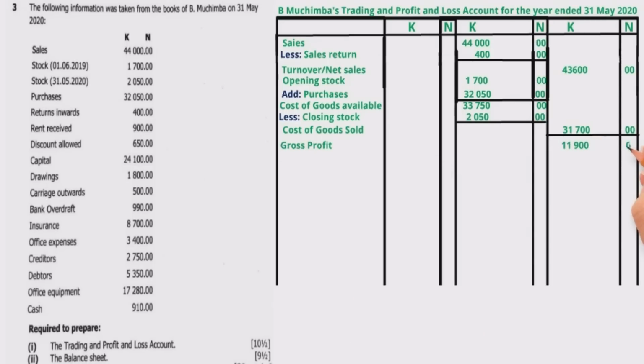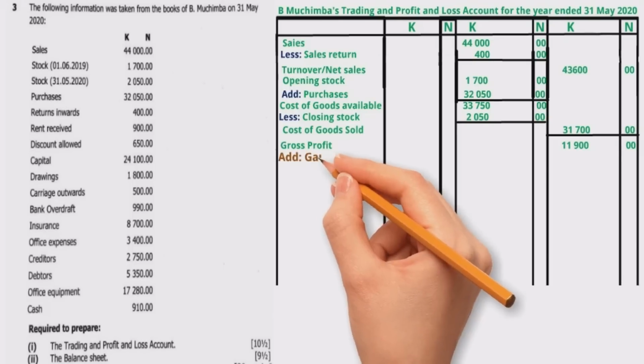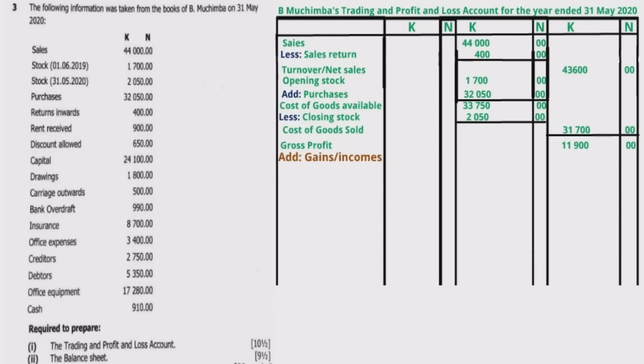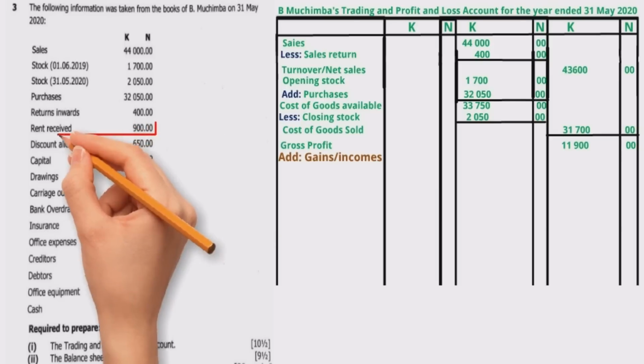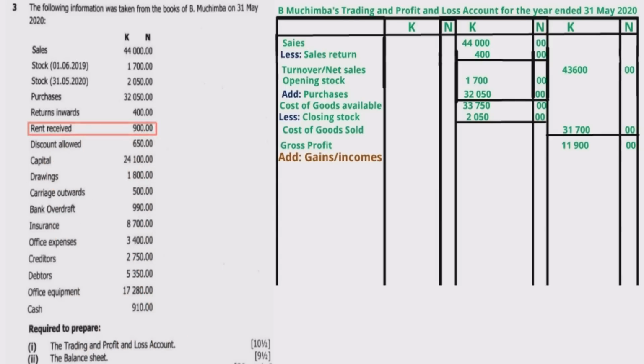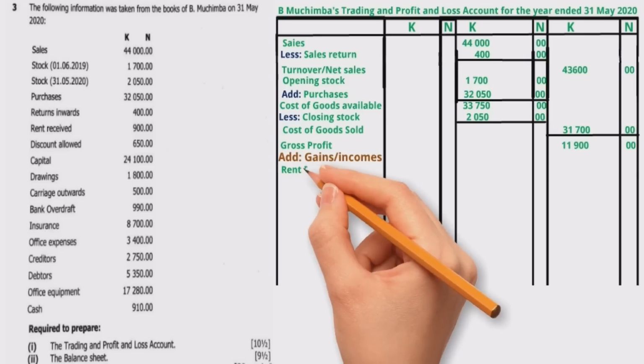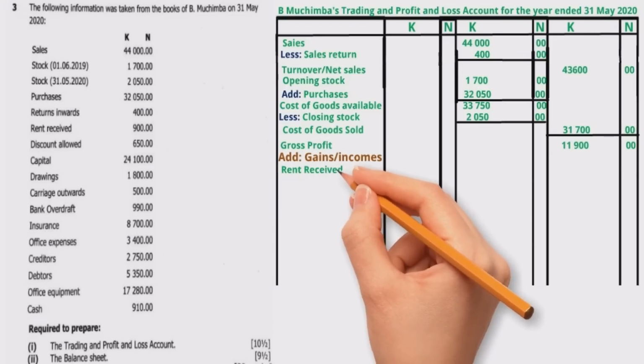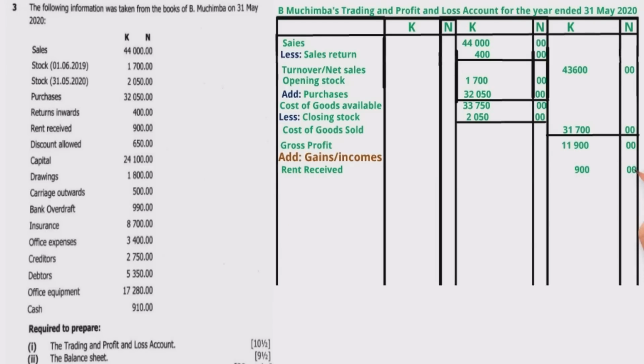Now, once I've done this, I'm going to add the gains or incomes. The first gain I will record will be rent received, which is 900, and I'm going to write 900 there. Fortunately, that is the only gain or income that was made.